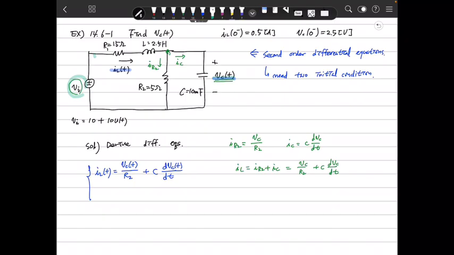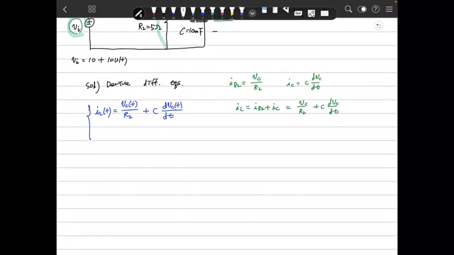This voltage, vI, is the same as this voltage plus this voltage. So vI(t) equals R1 iL(t) plus L diL(t)/dt plus vC(t). This is equation 1, and this is equation 2.